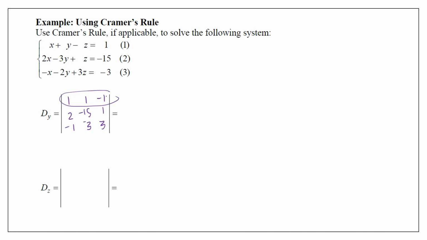And I'm going to expand across the first row like I did before.